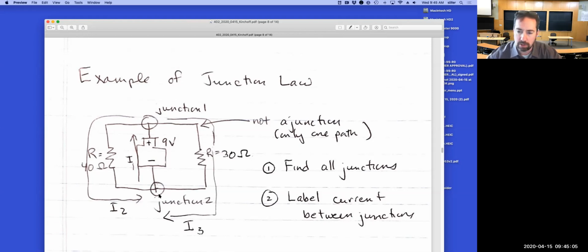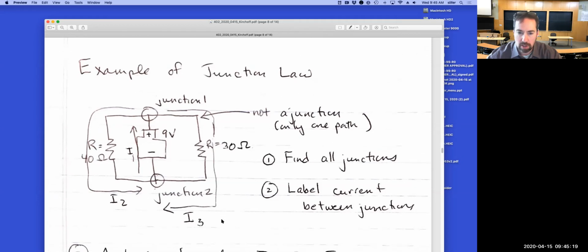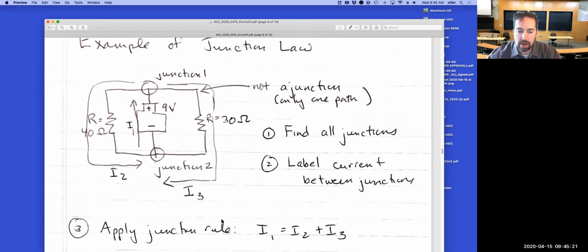I've identified those junctions. And now I label the current between the junctions. I'm going to call this one I1, and then for lack of a better idea, I'm going to call this I2, and I'm going to call this I3. All right, so that's our start. Now we apply the junction rule, our first Kirchhoff law, which is that I1 is going to be the sum of I2 and I3, because the charge can't get out of this circuit.